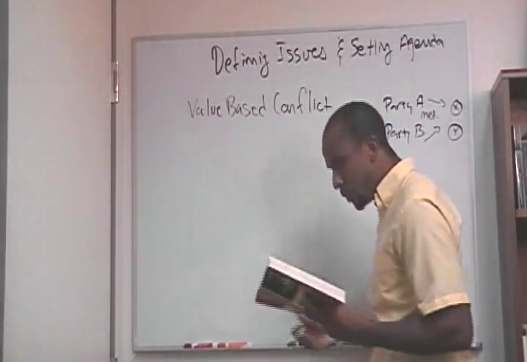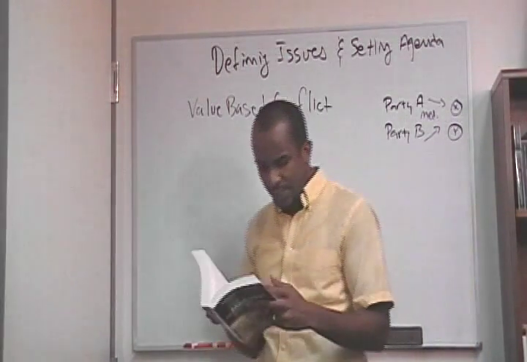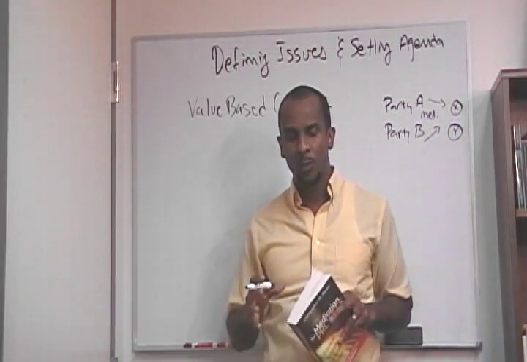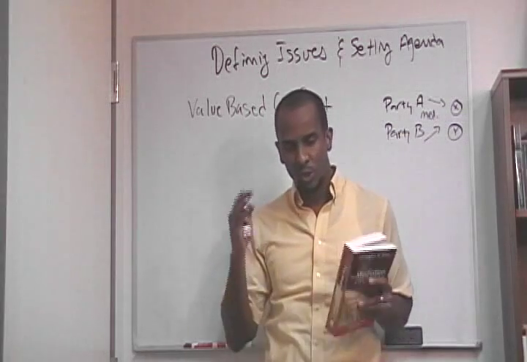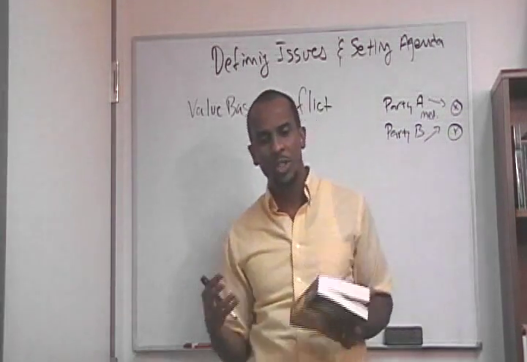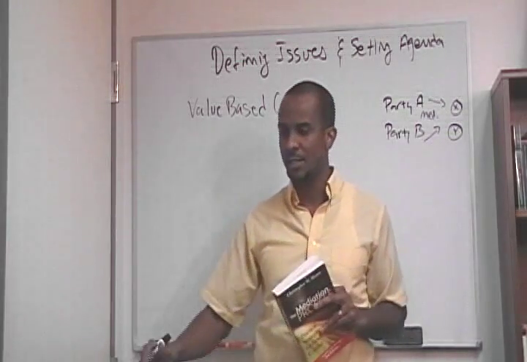But the idea of value-based conflict is sort of governed, if you will, by multiple ideas, but two key ideas that Moore brings up that I thought were of importance are notions or conceptions of guilt or innocence.